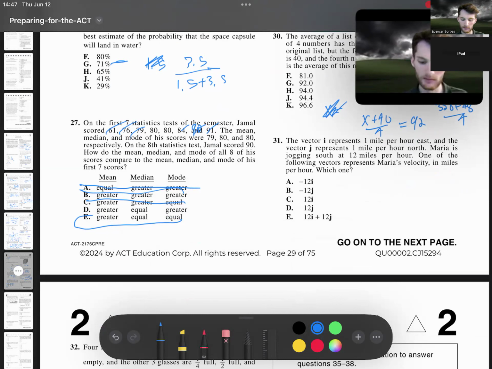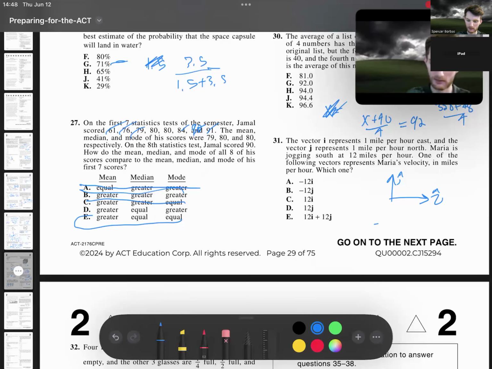I represents 1 mile per hour east, J represents 1 mile per hour north. J should be like J hat.